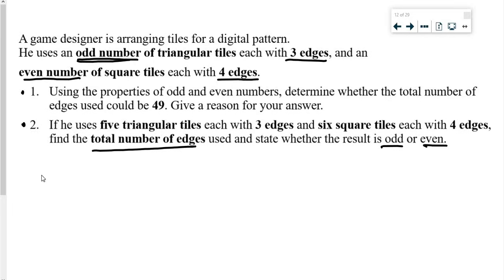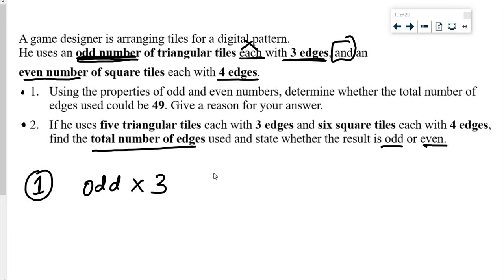So I will start with question number 1. A game designer is arranging tiles for a digital panel. He uses an odd number of triangular tiles, each means times 3. So an odd number times 3. And means add.